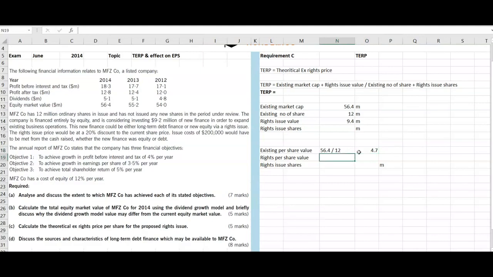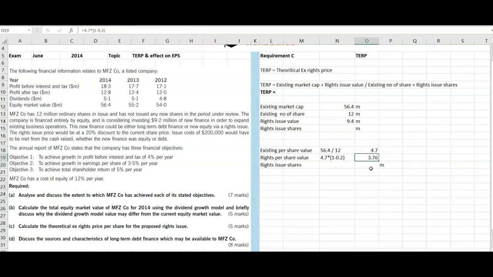Out of this 4.7, there is going to be a discount in the rights issue. The rights issue discount is 20%, so we can mark it like this: 1 minus 0.2, and work it out here. The value comes to 3.76.